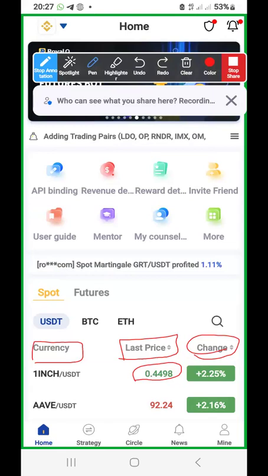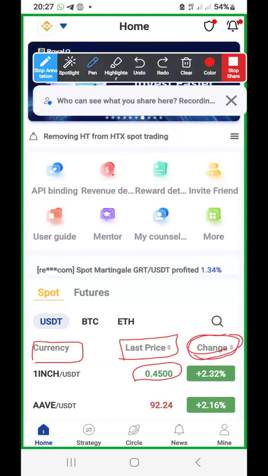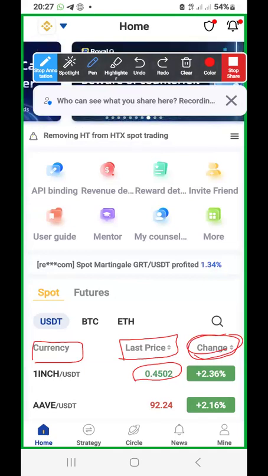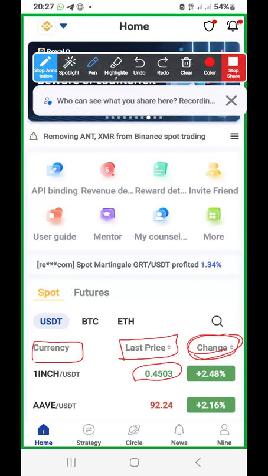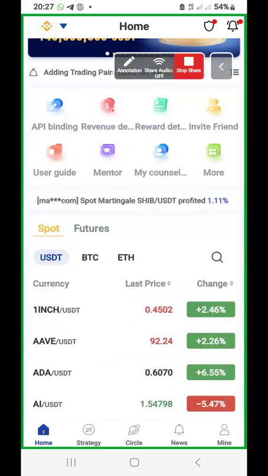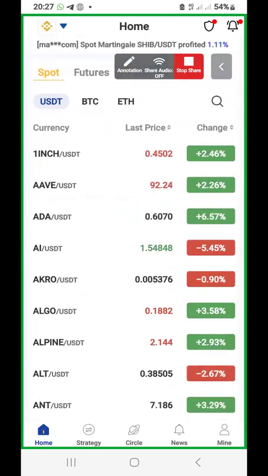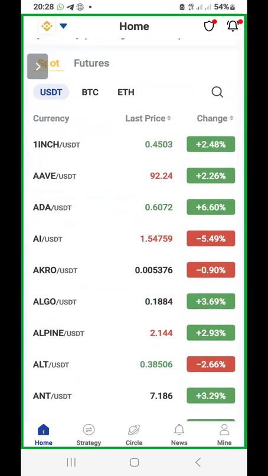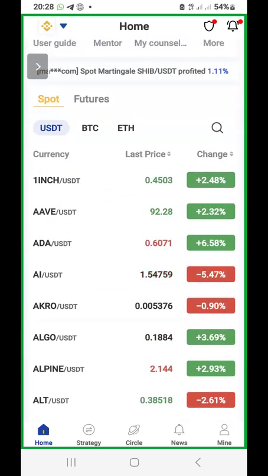Okay? Then it will also show you the percentage change in 24 hours. So far, 1 inch in the last 24 hours has only gained in value by 2.46%. That is 1 inch. You understand? So if you scroll through, you will have varying percentage changes for different coins.